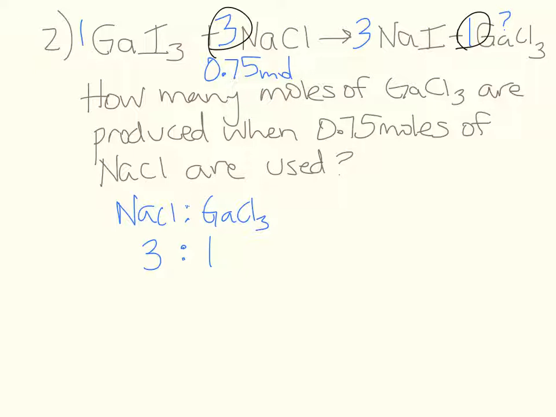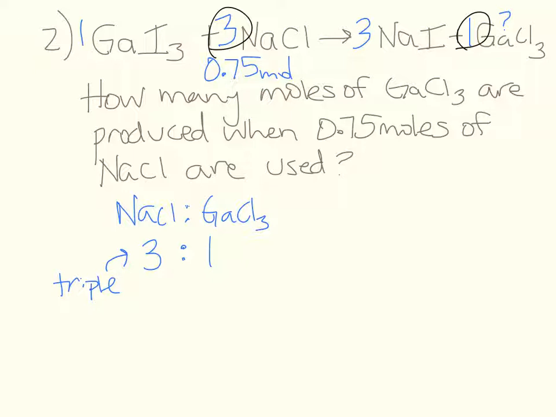This means that sodium chloride will always be triple the amount of gallium chloride, always, because it's a 3:1 ratio. So whatever we have of gallium chloride, sodium chloride will always be triple the amount.